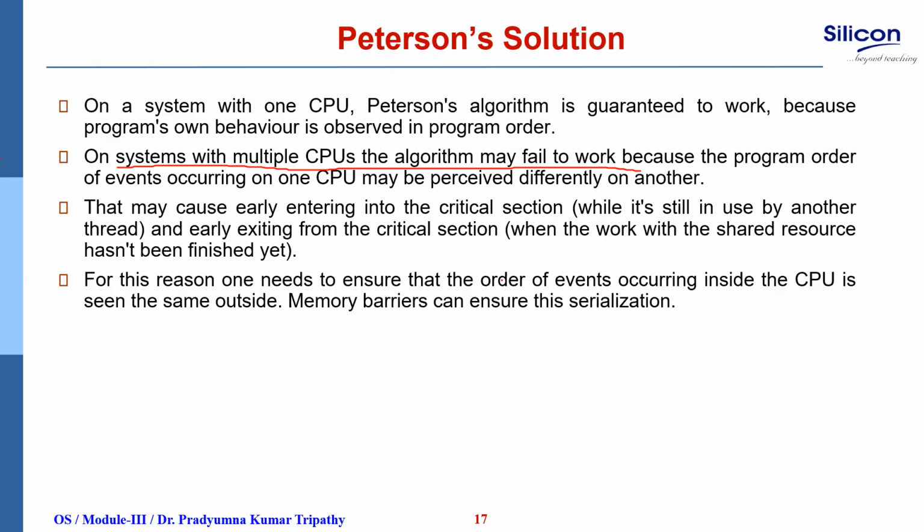Suppose the order in which the first CPU is working, the second CPU might work in some different order. So there is a chance the algorithm may fail for multiple CPUs. Correct? They may cause early entering into the critical section and early exiting, and that occurs if you have multiple CPUs. Is that clear?